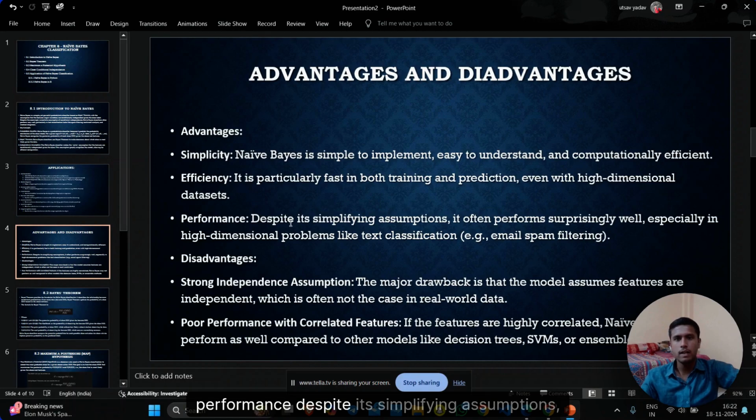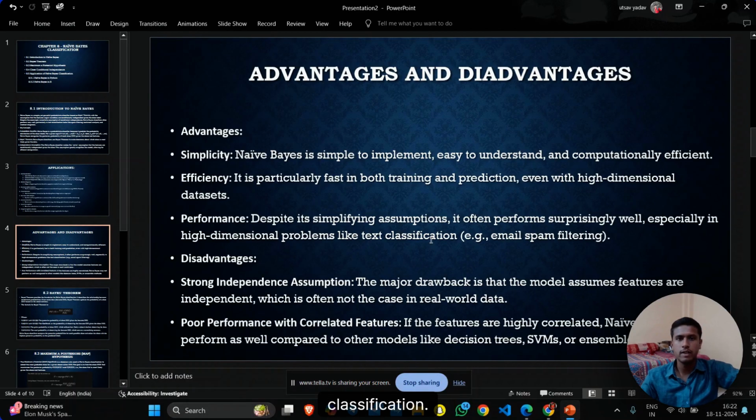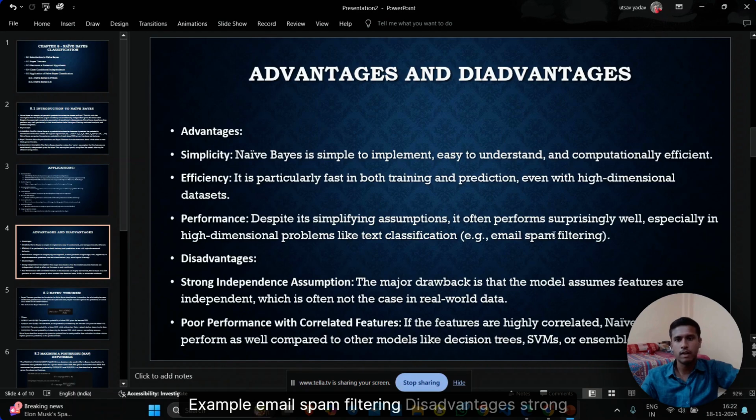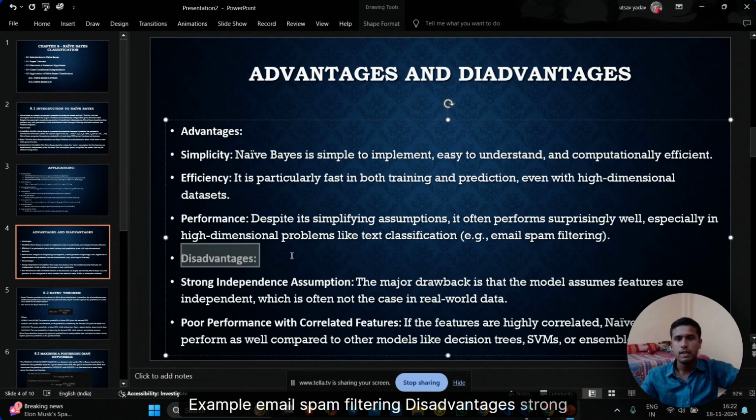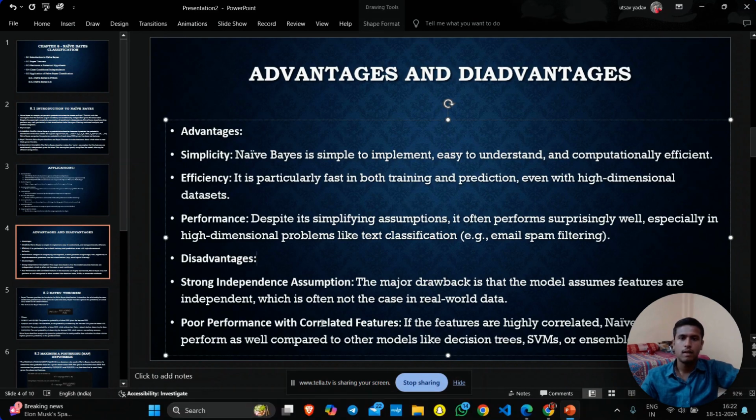Performance: despite its simplifying assumptions, it often performs surprisingly well, especially in high-dimensional problems like text classification, for example email spam filtering.